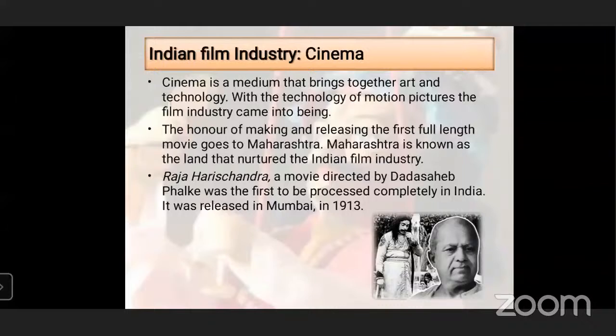A cine camera is the camera used for recording for cinema purposes, and that was very expensive also. Then he slowly got interested in making movies. So first he made the cine camera and then he got involved in making movies. And also his cousin Babu Rao Painter, also known as Mistri, made the movie Sairandhri.